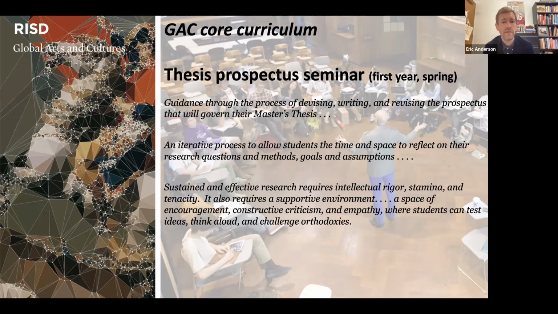And it, in a sense, sort of creates a culture around research and the thesis process. It suggests that a sustained and effective research process requires intellectual rigor, stamina, and tenacity. It also requires a supportive environment, a space of encouragement, constructive criticism, and empathy where students can test ideas, think aloud, and challenge orthodoxies.